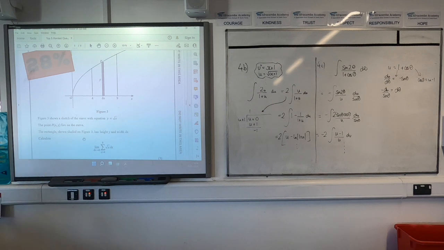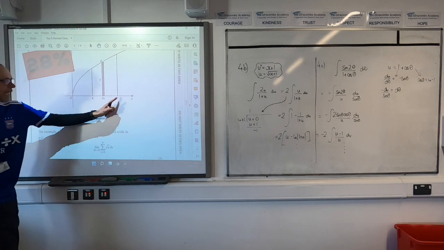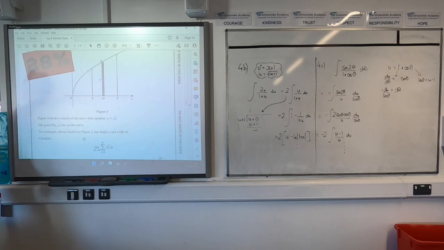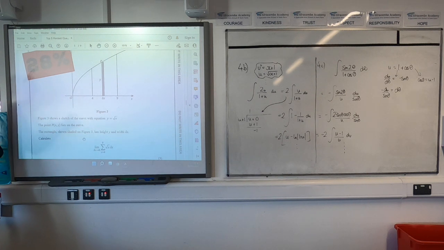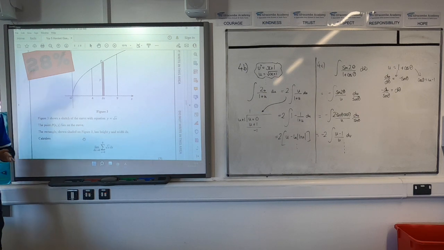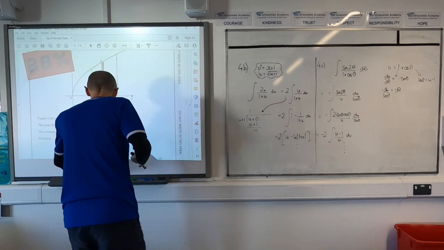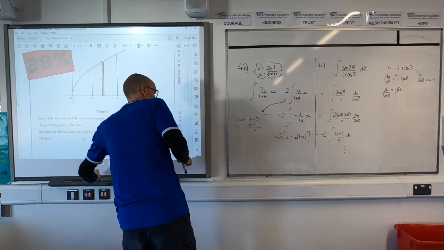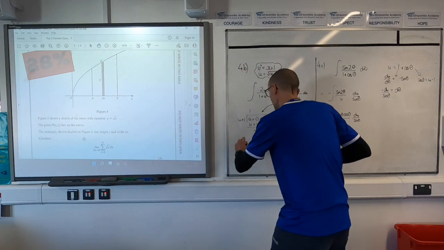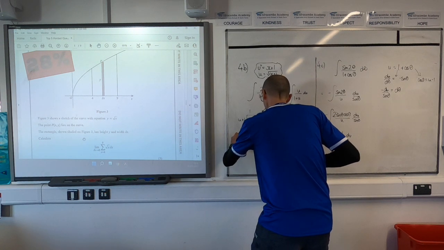What they're saying is, if you take this area and split it into lots of rectangles and work out the area of those rectangles and add them all together, what happens is you make the rectangles really, really, really thin, which means you get more and more rectangles. So what you end up with is just the area under the curve. We answer that question just by doing this.